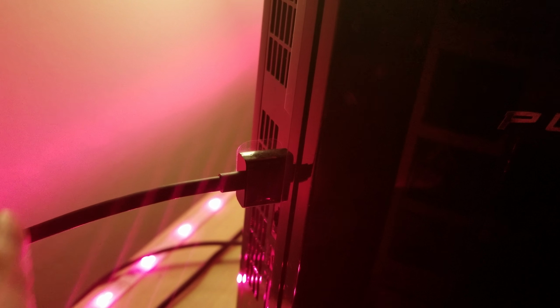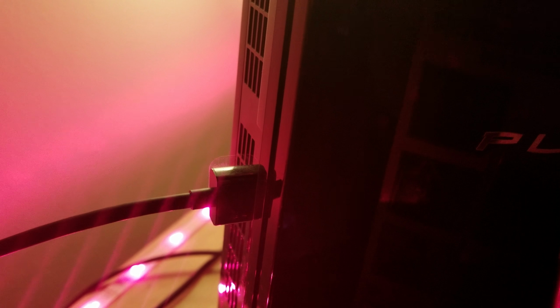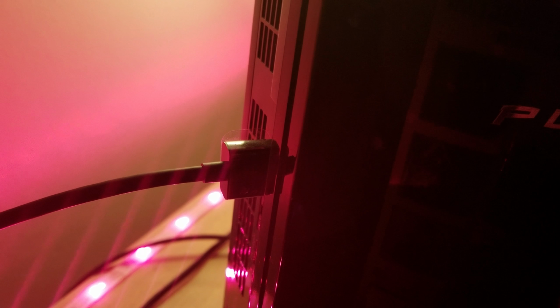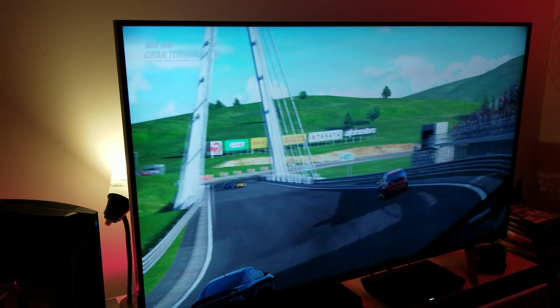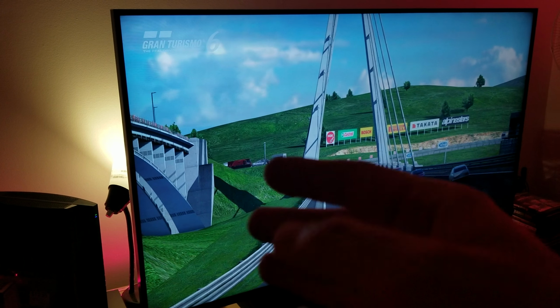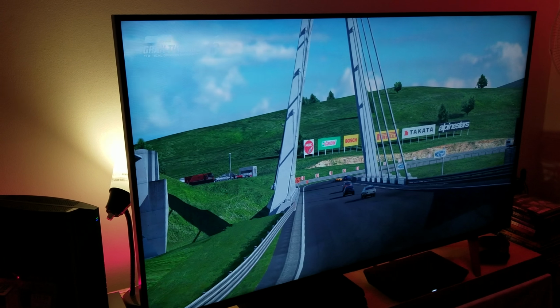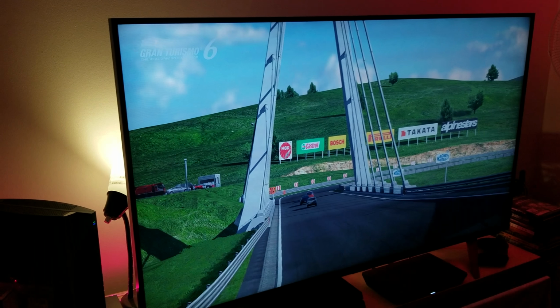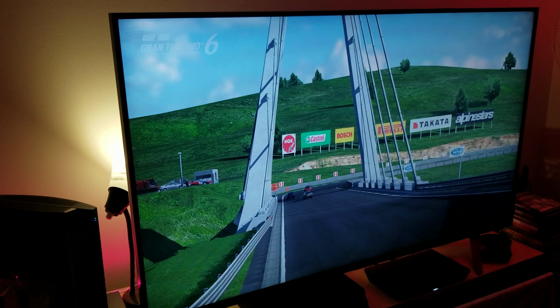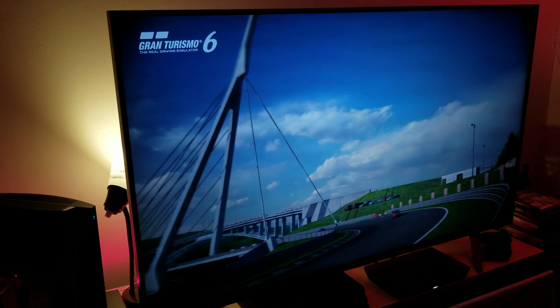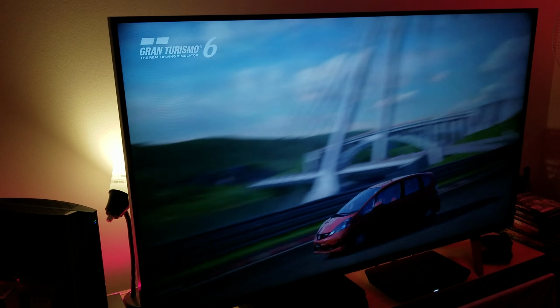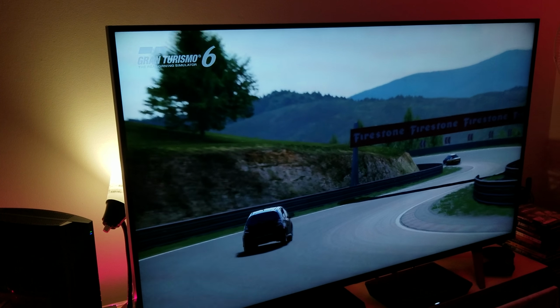And there it is, you can see it right there. That's my ultra high speed Belkin HDMI 2.1 cable. There it is. And even from this angle, it looks very good. That's because we have those 96 active contrast dimming zones being implemented here on this TV.